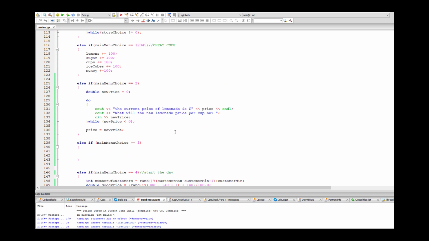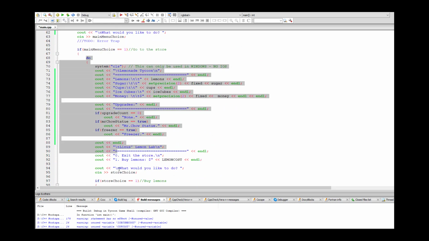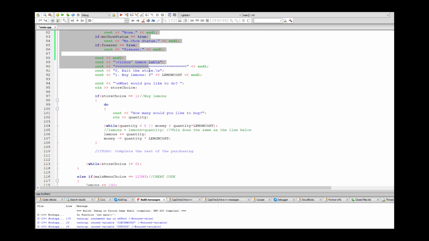All right, so when we get to main menu choice 3, we are going to do the same thing. We're going to print out this whole thing. Same as the store.